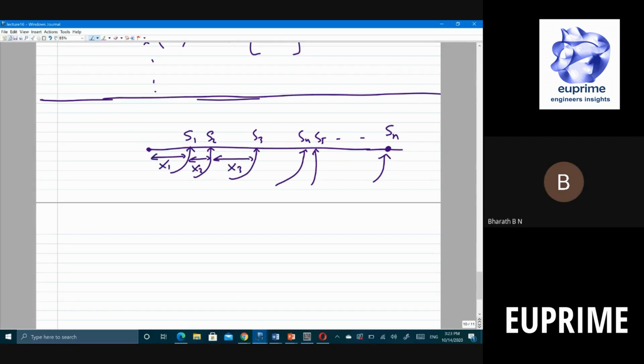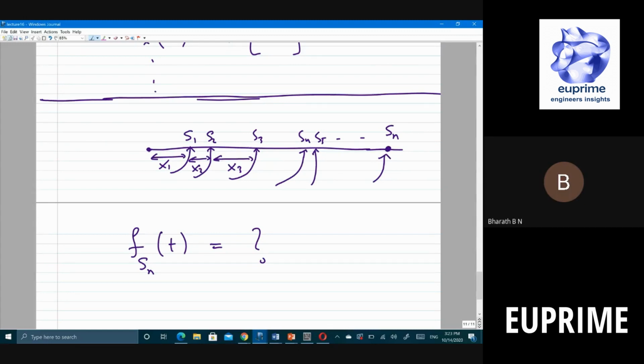Now I know the distributions of xi, which is exponential. Now I want to find, for example, the distribution of this time instance, the density of Sn, the nth arrival.